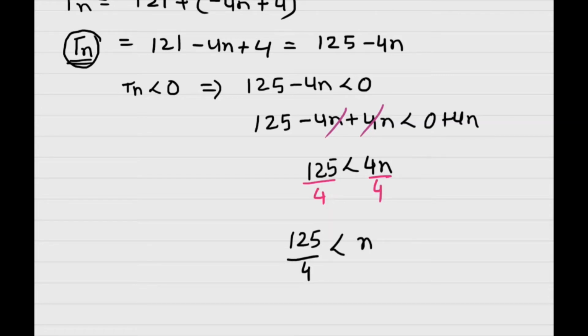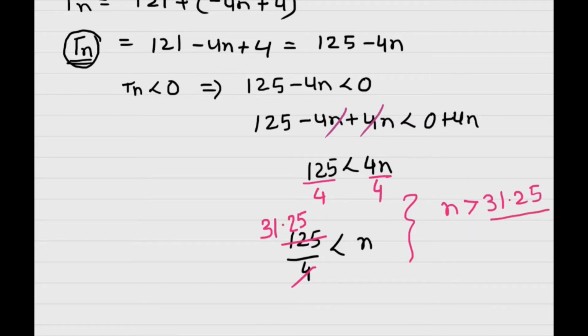Now 4 ones are 4, 4 threes are 12, and now 10 is left, so 4 twos are 8, 20, 4 fives are 20. That means n should be greater than 31.25.